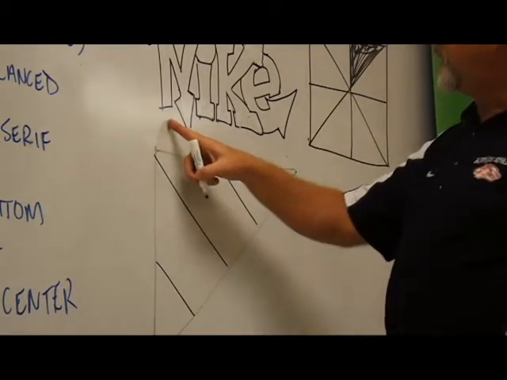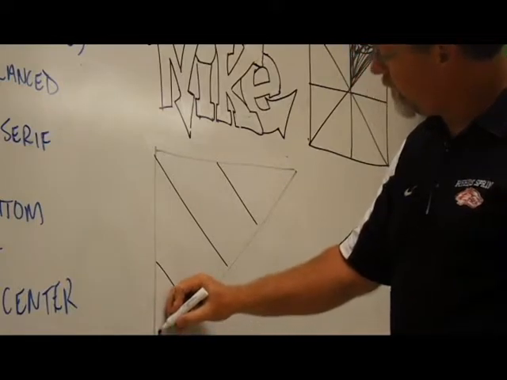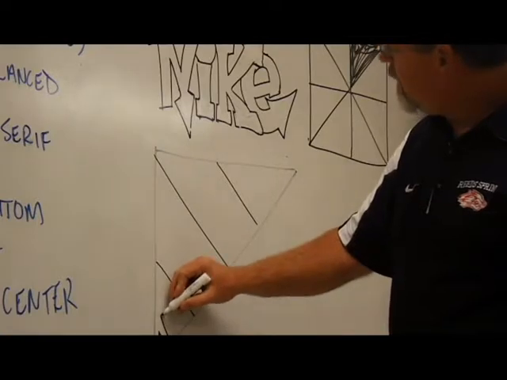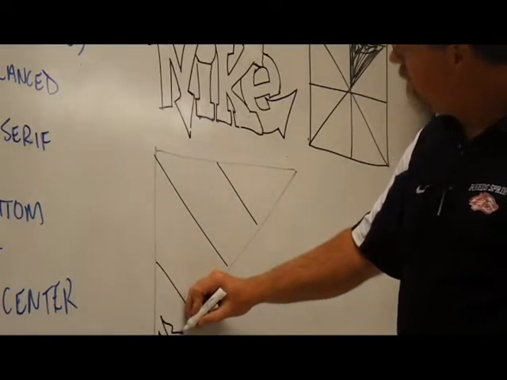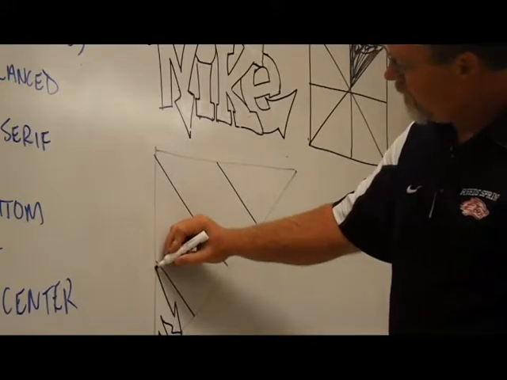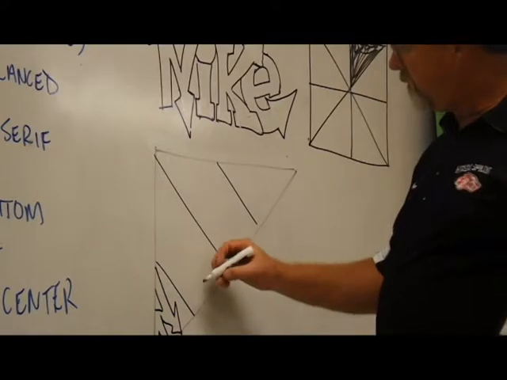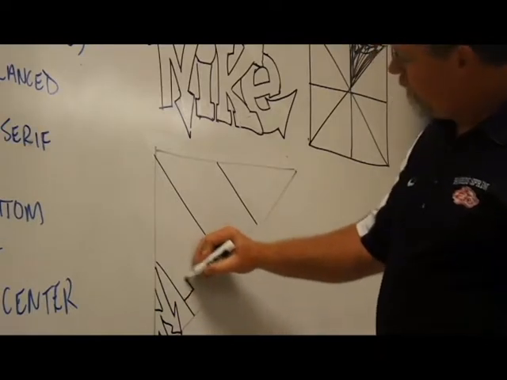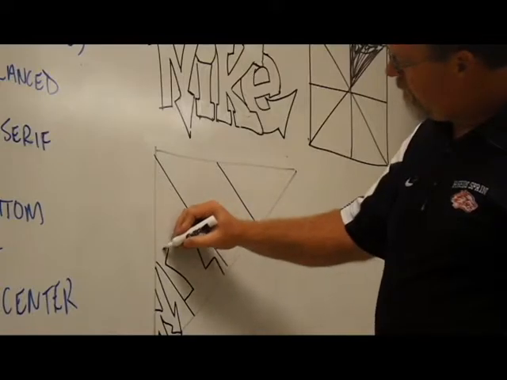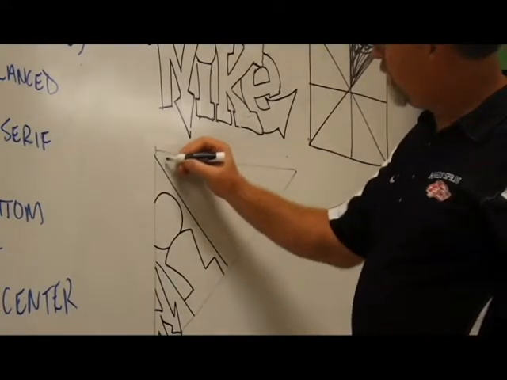But I'm going to look at the Nike here, and I'm going to try and conform the basic shape of the letter, even though it's real small, into this triangle. Okay, and I'll do the same thing with my I.